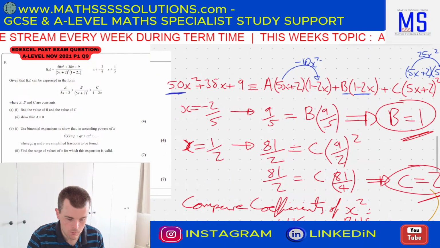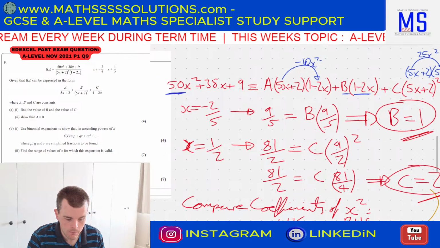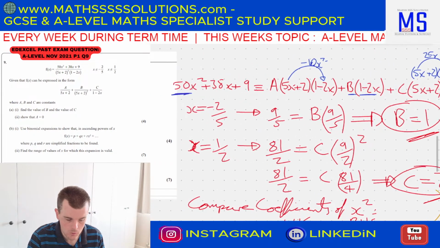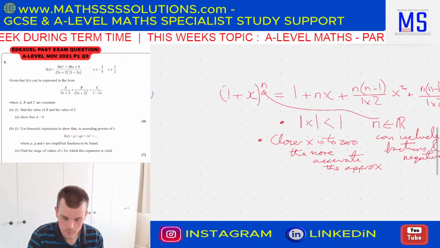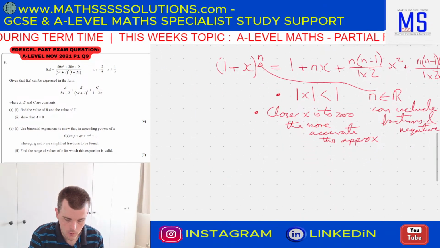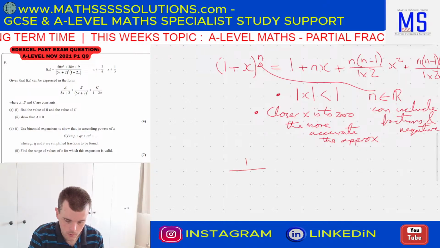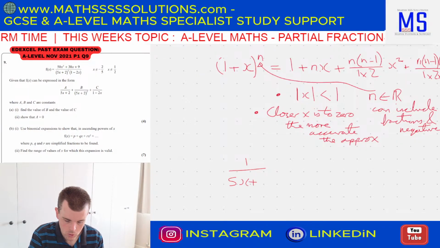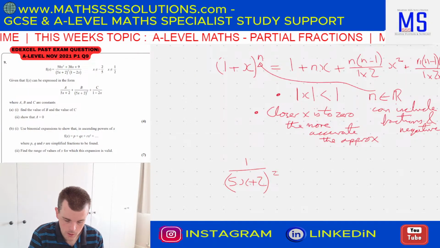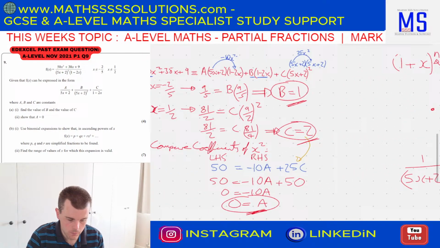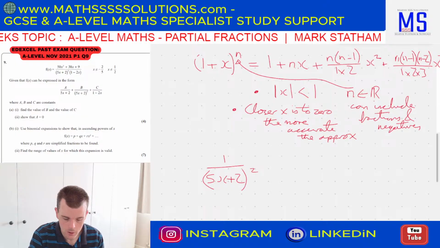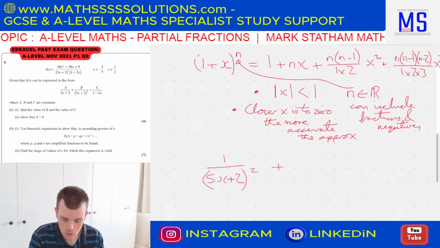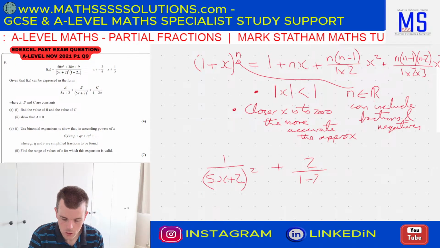Instead of writing the more complicated fraction f(x), we're going to write it as B, so that's 1 over 5x plus 2 squared, like that. But you've also got C, which is 2 over 1 minus 2x.